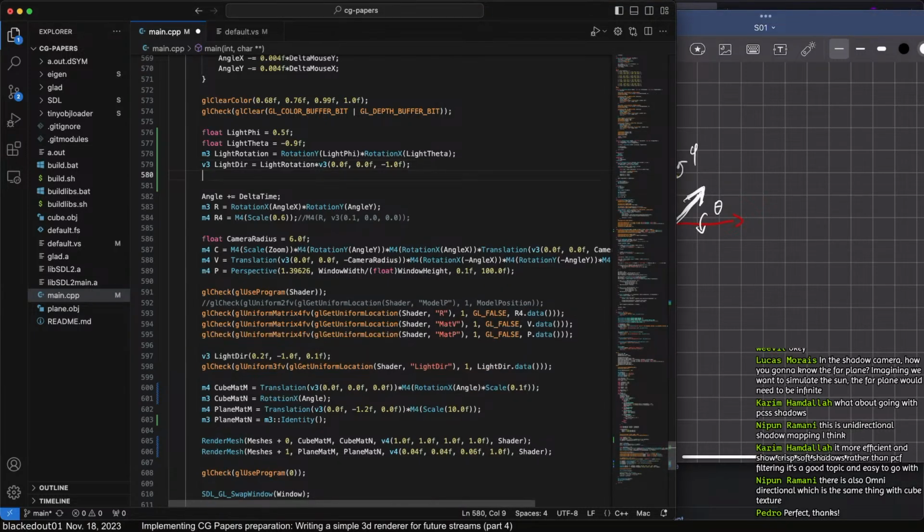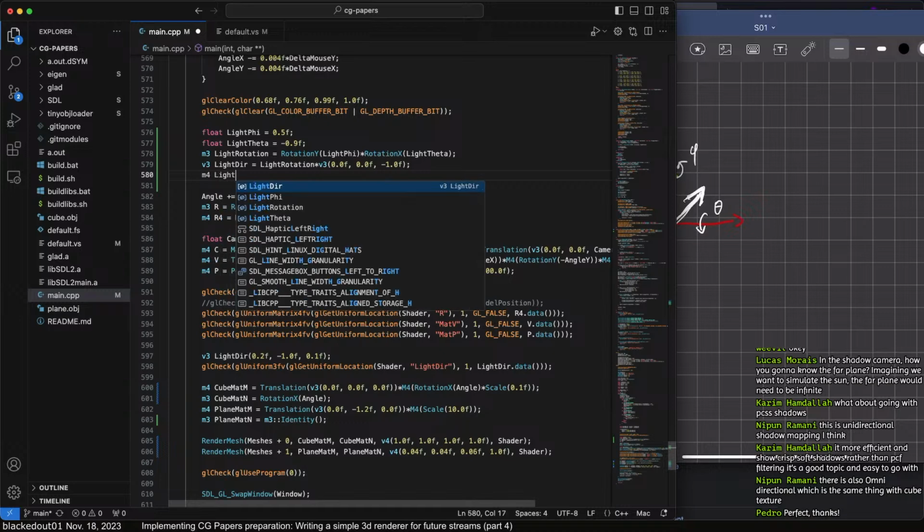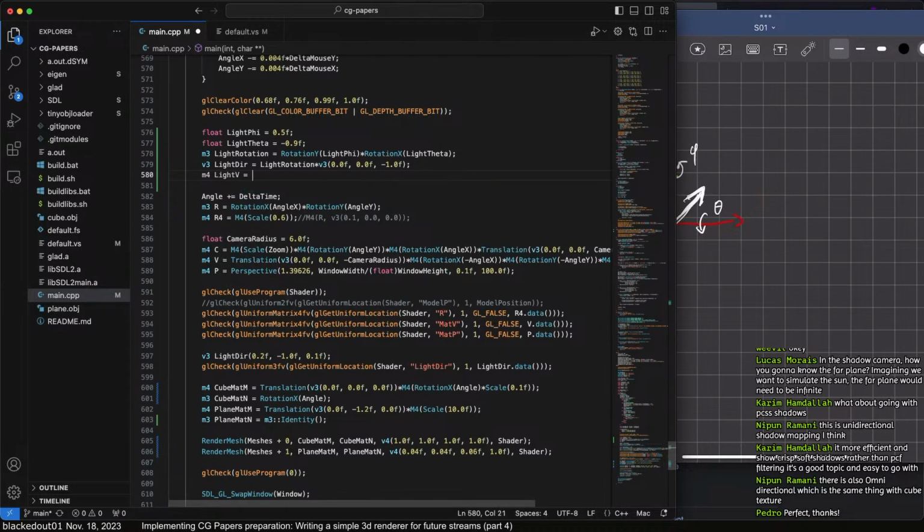Yeah, and again, we can define the view matrix, which is the inverse of the camera matrix, like before, by just inverting this matrix here.